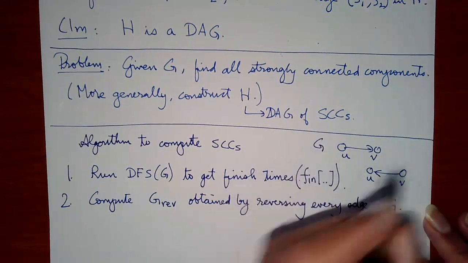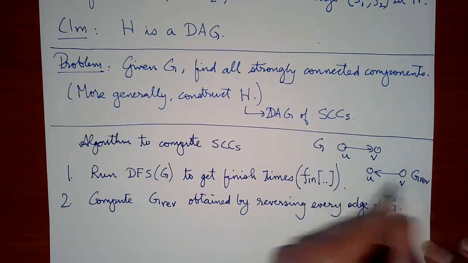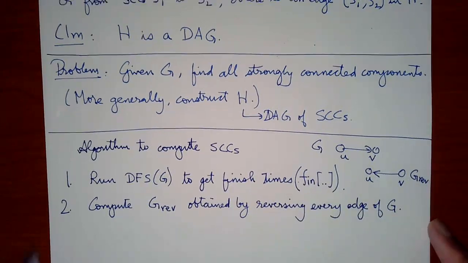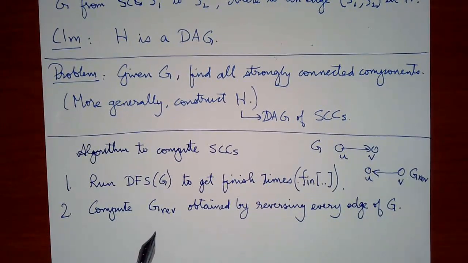So this is G, and this is G reverse. G reverse basically just flips the direction of every edge. You can either make a separate data structure, or you can do it within. One can implement this in different ways.